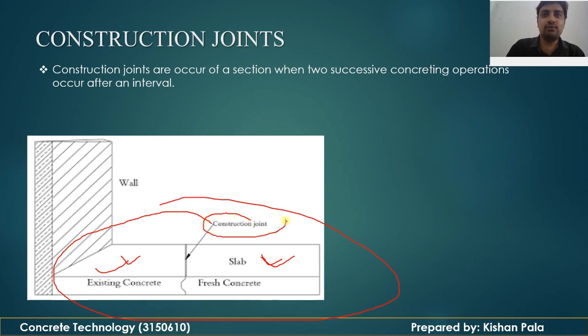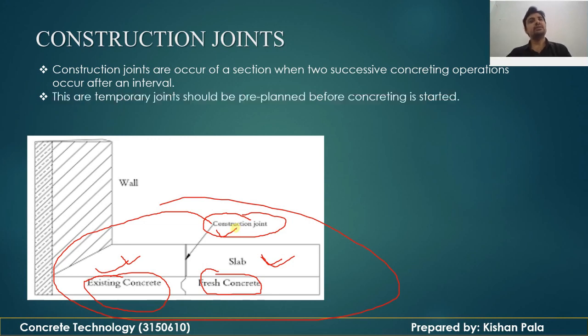You can see in the photo this is the existing concrete and this is the fresh concrete, and between them I have provided the construction joint. In simple language, between the existing concrete and the fresh concrete you have to provide the construction joint.